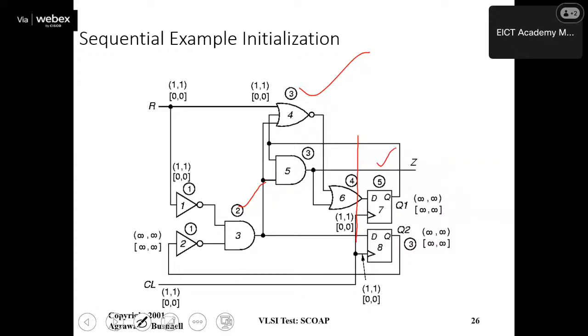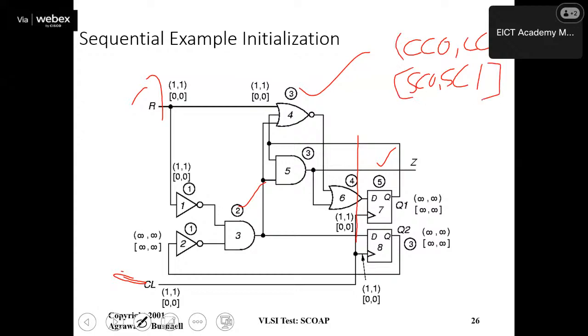Okay. Now in this, there are two inputs. One is this input and another one is the clock input, right? So here it's been taken in this way: CC0, CC1, then SC0, SC1. This is taken in the small bracket and this is taken in the bigger bracket. So this is the denotation. Whatever denotation you are using, you write that maybe at the left topmost or the right topmost corner of your solution, right?